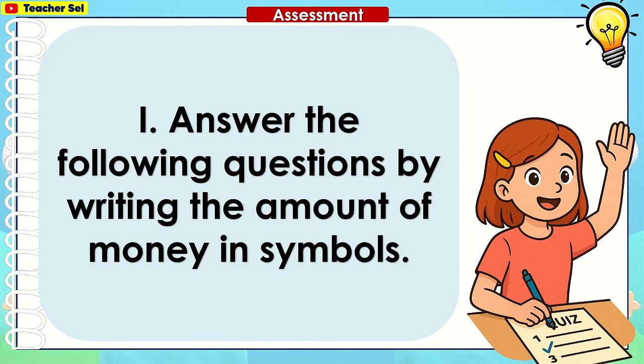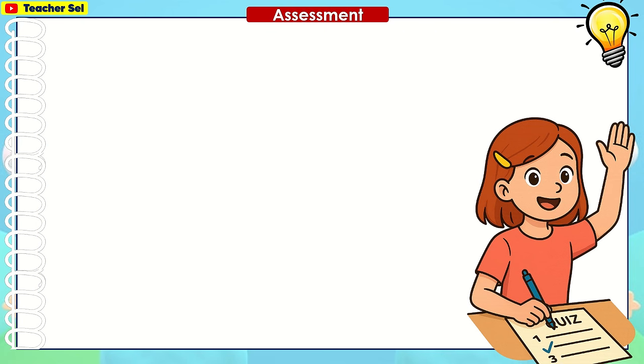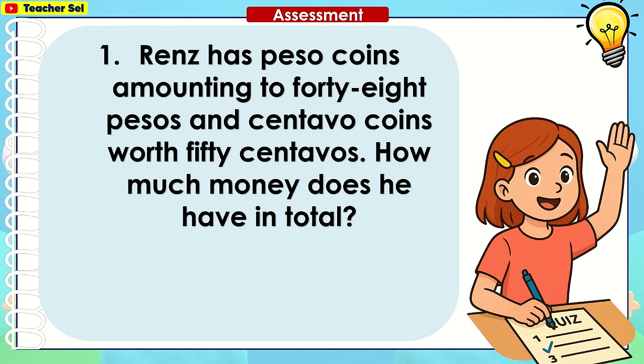Answer the following questions by writing the amount of money in symbols. Renz has peso coins amounting to 48 pesos and centavo coins worth 50 centavos. How much money does he have in total?